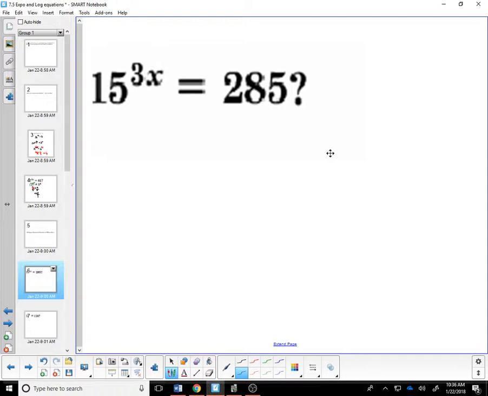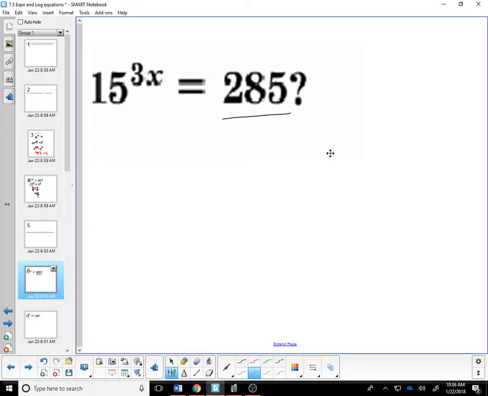Yeah. So, is there a way to get 285 to have a base of 15? Anybody ever have any ideas how we could do that? How we can get 285 to have a base of 15, if it's possible? What would it have to be? You don't know how to do this? You should. I've already shown you.